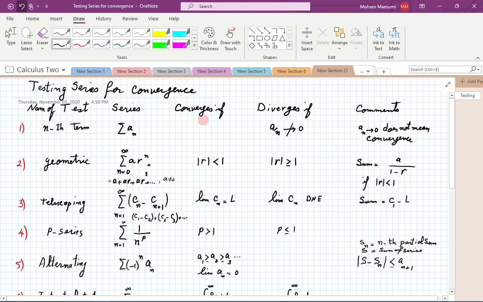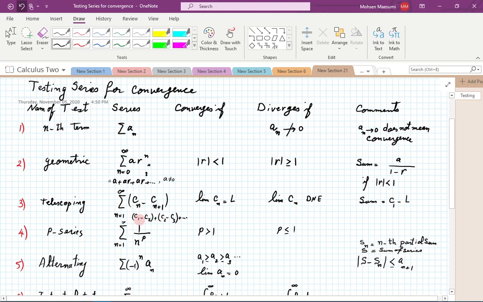Such a series is going to converge if the nth term of these elements being subtracted from each other converges to a certain number, and in that case the sum is the very first one, c1, minus this limit. And if the c_n does not have a limit, then the telescoping series is going to diverge.